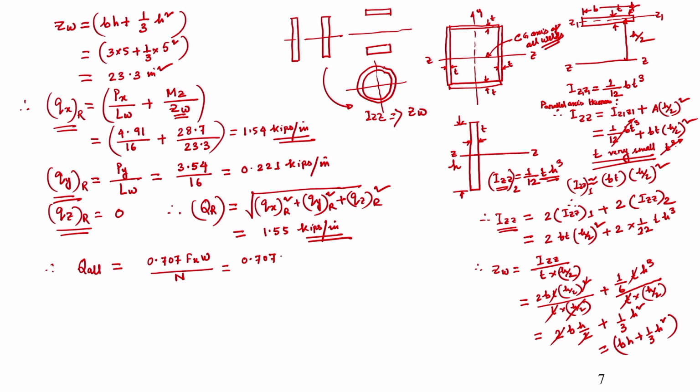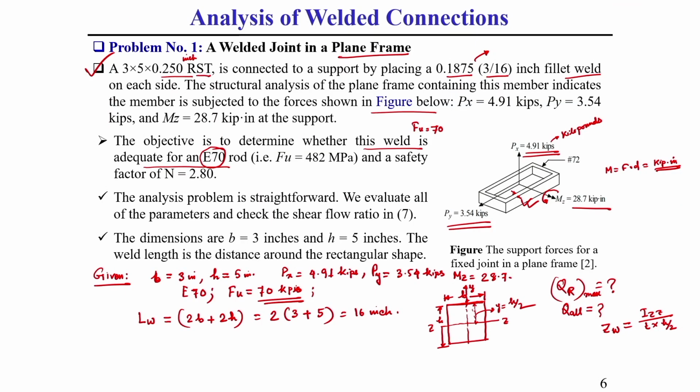Here everything is given: Fu is given as 70, and W, the size of the weld, is given as shown in my previous slide.